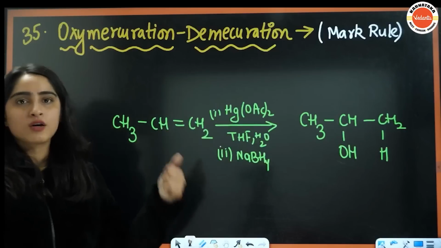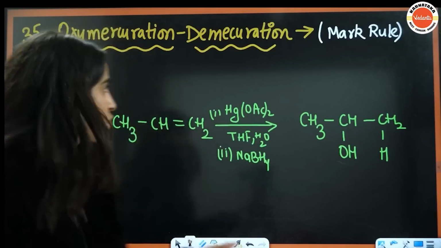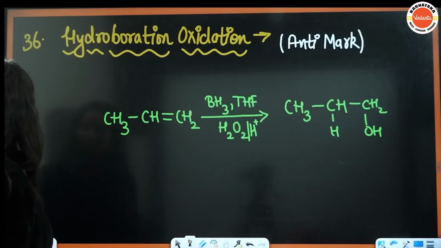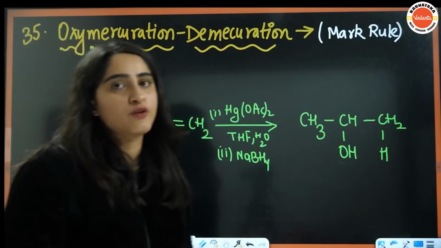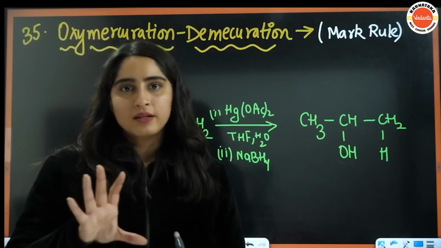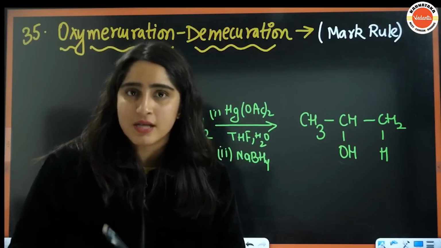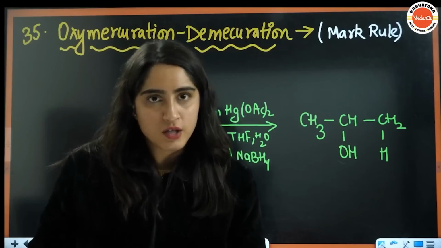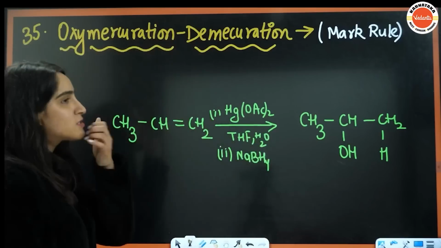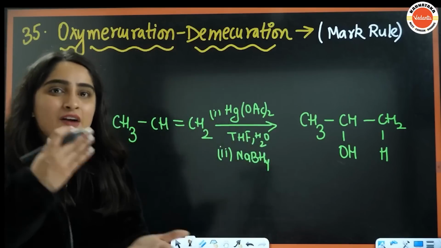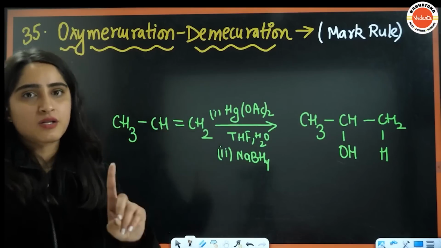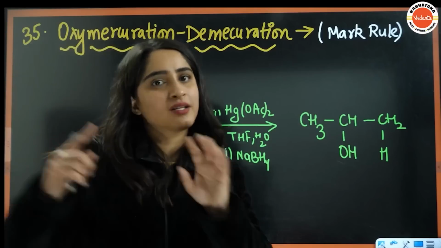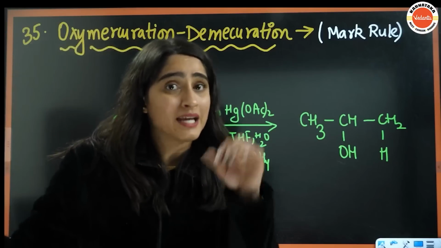Now we have oxymercuration and demercuration. Let us see oxymercuration-demercuration and hydroboration oxidation. These are somewhat similar. I'll just advise you one thing. When you have acid-catalyzed hydration, a carbocation is formed. When we form the alcohol through an alkene in this case, the carbocation is rearranged.